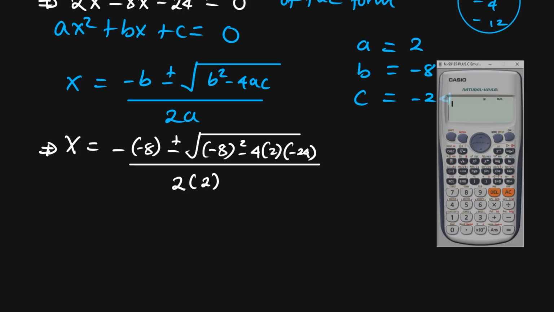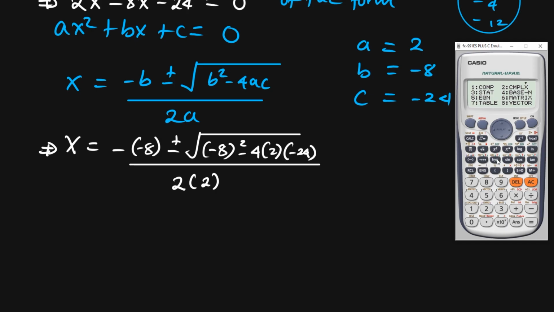Let's use the calculator to obtain these values. So we go to mode, equation, degree 2, which is 3. The value of a is 2. The value of b is negative 8. The value of c is negative 24.